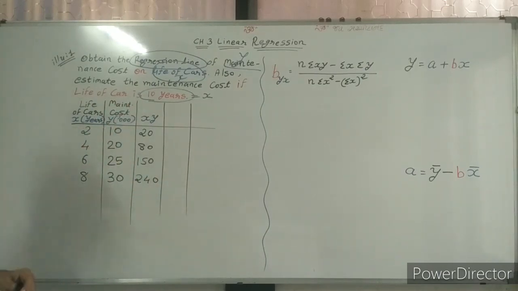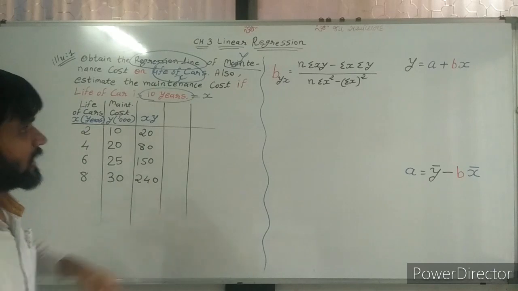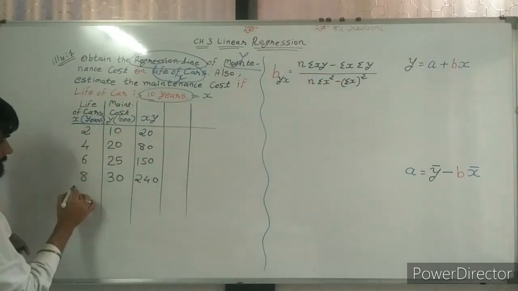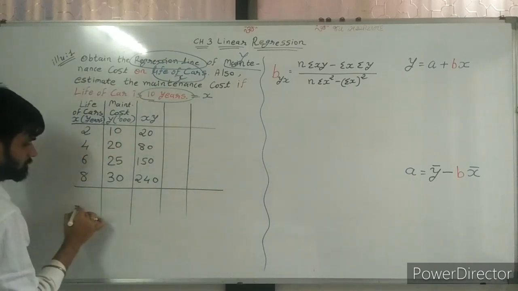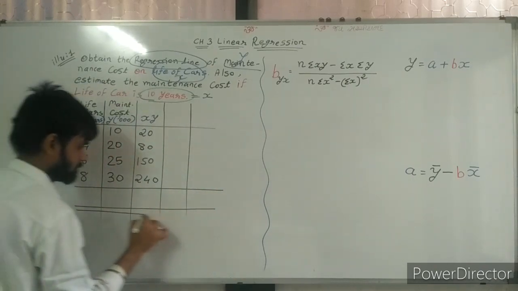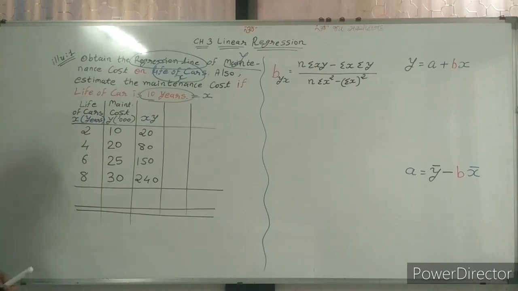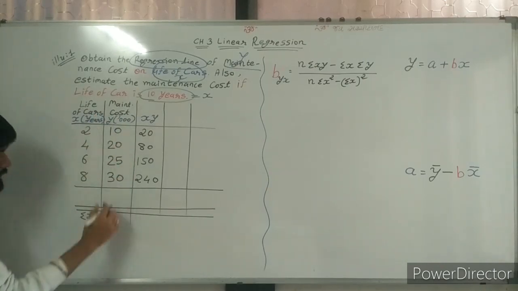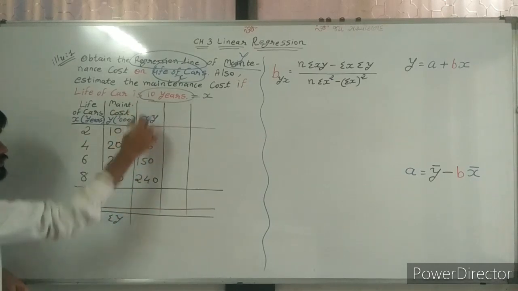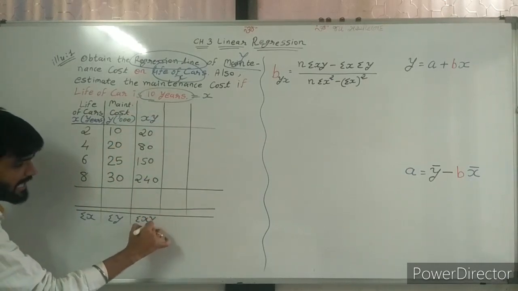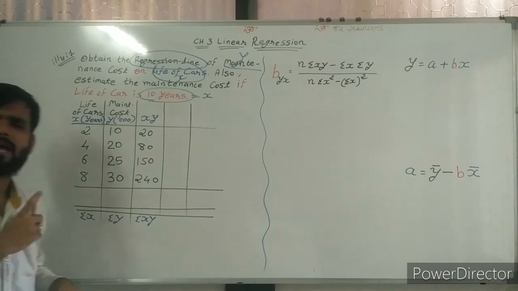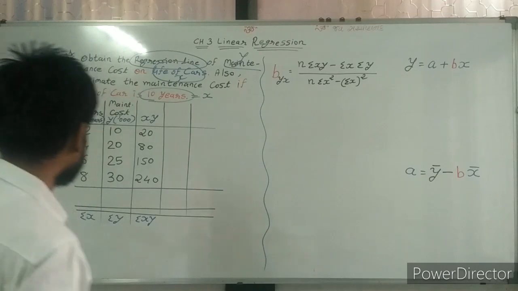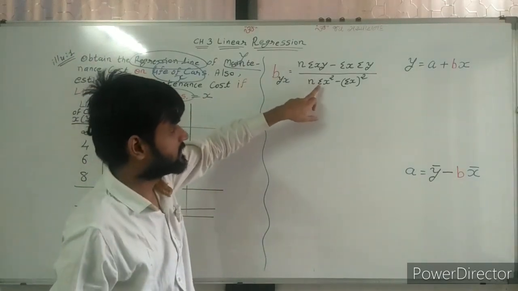We have the value of x into y. Now what do we need? Sigma x, so find the total of x. Total of x is sigma x, total of y is sigma y, total of xy is sigma xy. This is the same as chapter number 2, don't worry about it. Now we need sigma x square.